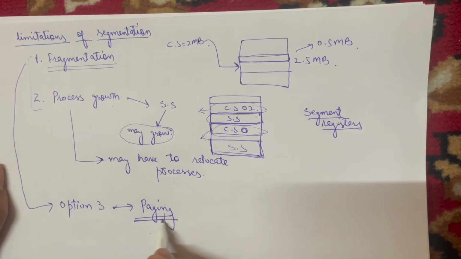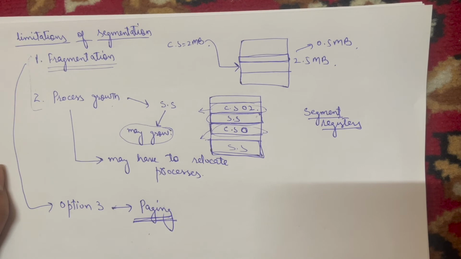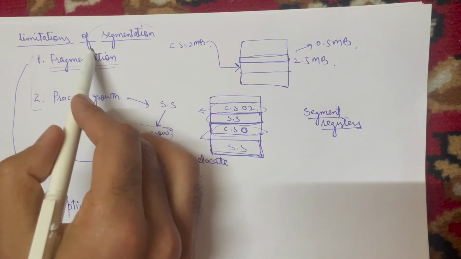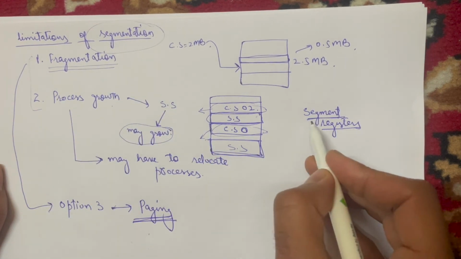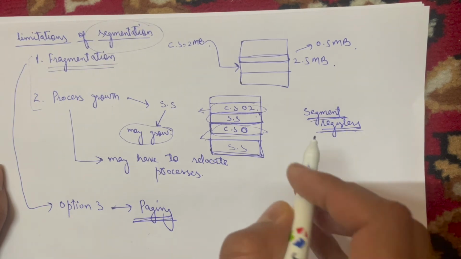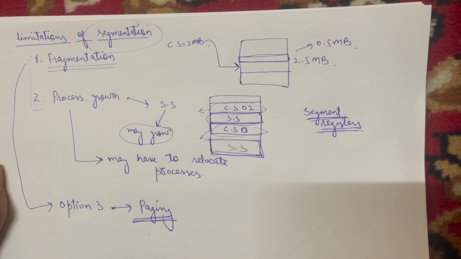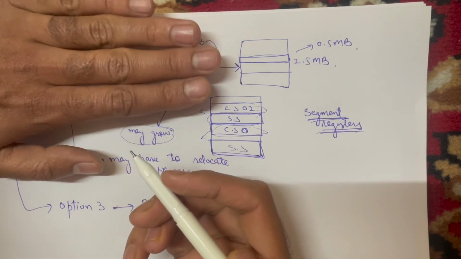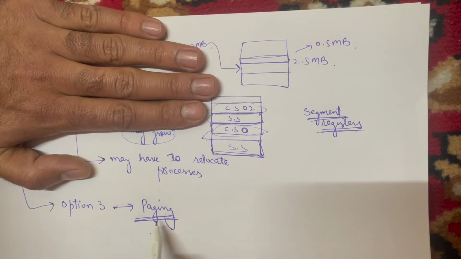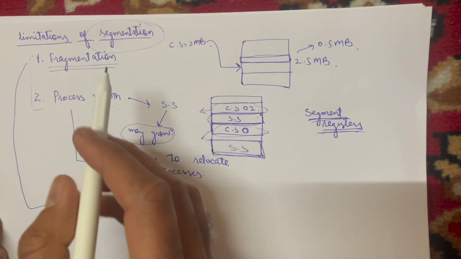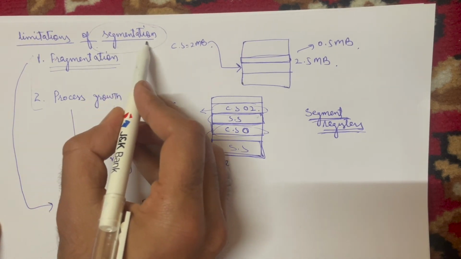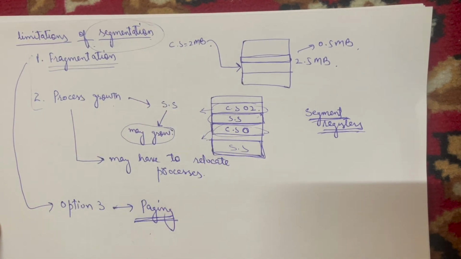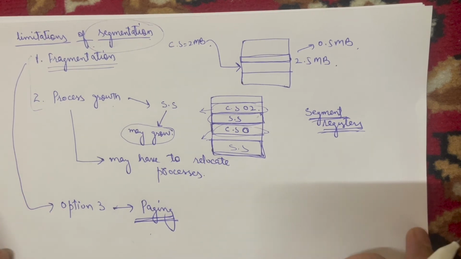I will discuss paging in detail, but keep in mind that most processors use both segmentation and paging. There are segment registers in almost all processors, but now processors are coming up that do not use segmentation and only use paging. The older processors use both: first segmentation, then paging. So let me discuss paging.